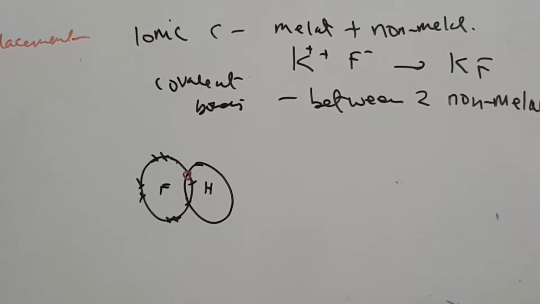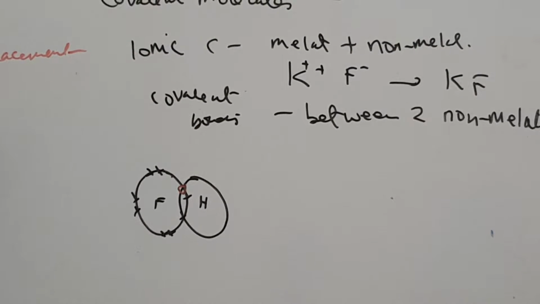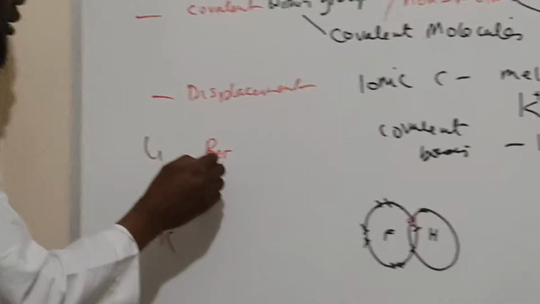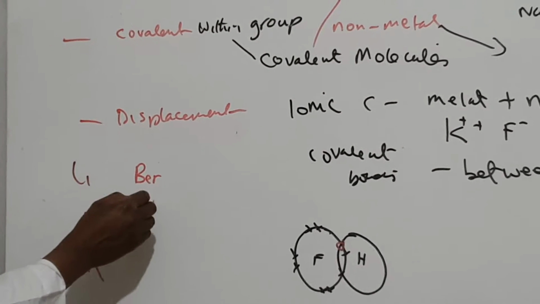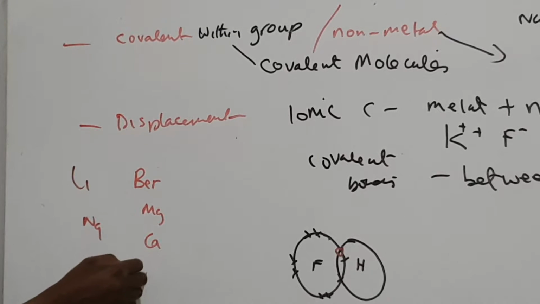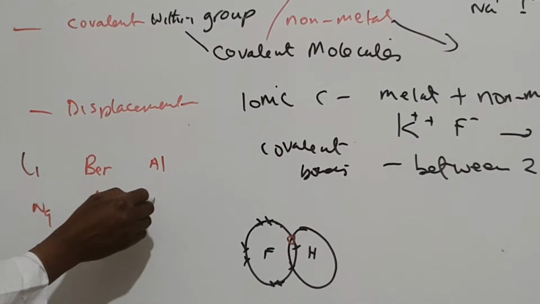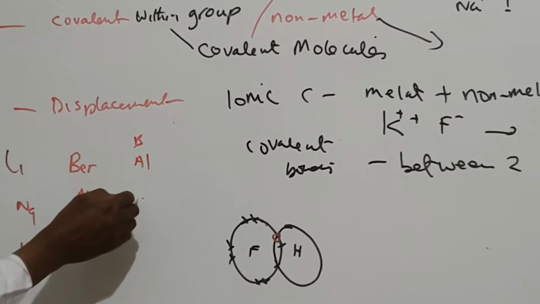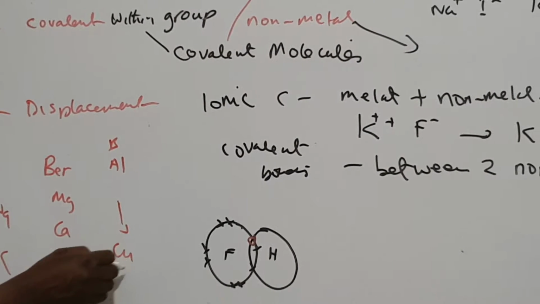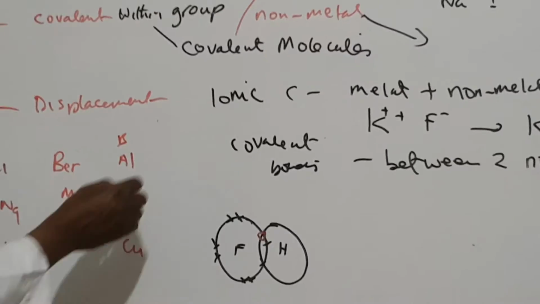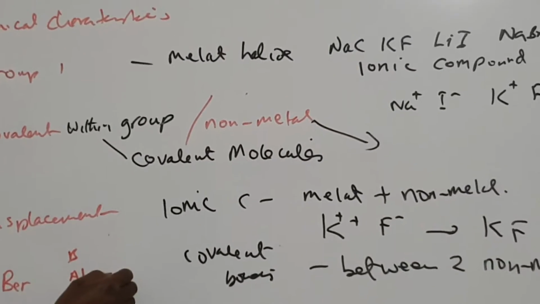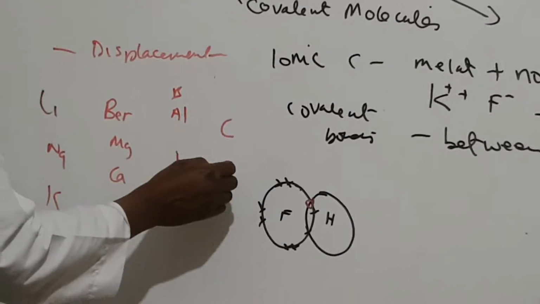Group 2 is beryllium, magnesium and calcium. For group 3, you need to know boron and aluminium. Group 4 is only carbon and silicon.